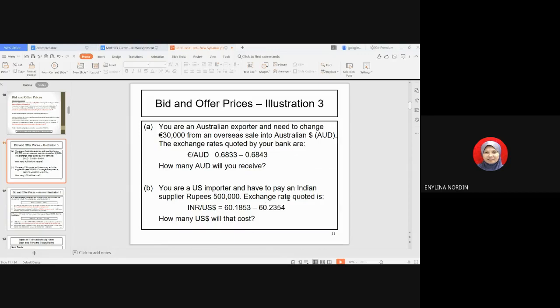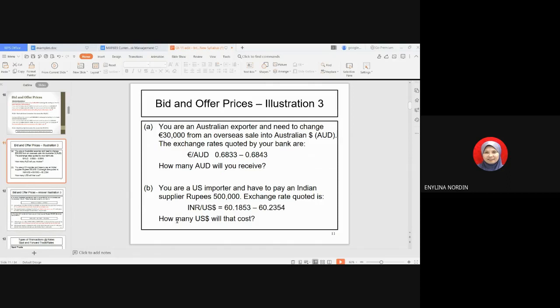The exchange rate quoted for rupees against US dollar is between 60.1853 and 60.2354 per US dollar. So here, how many US dollars will this 500,000 rupees of goods, or product, in India cost?